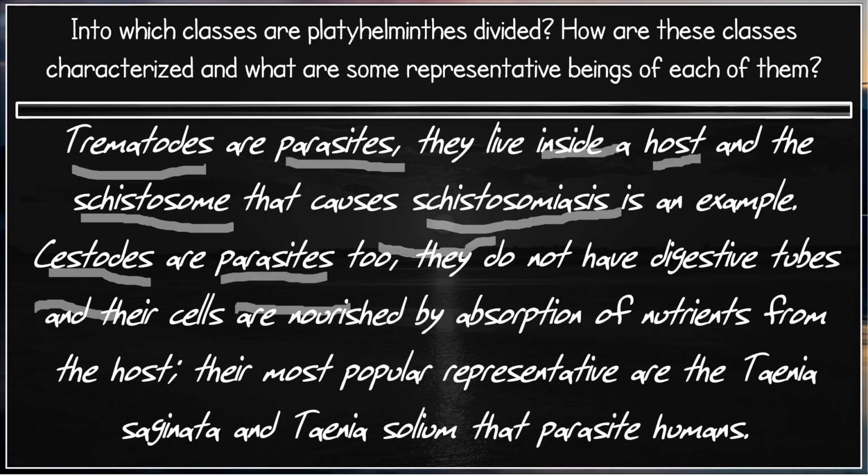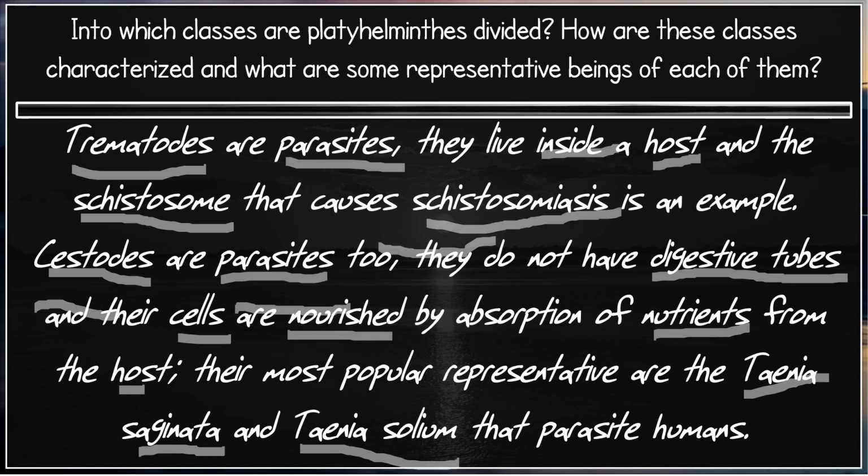They do not have digestive tubes, and their cells are nourished by absorption of nutrients from the host. Their most representative are the Taenia saginata and Taenia solium that are parasites to humans.